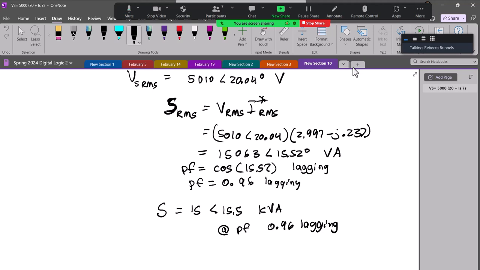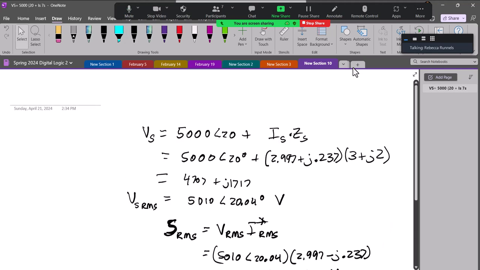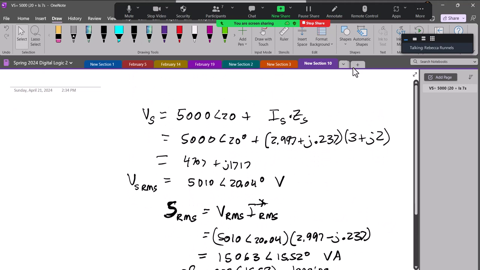Sure. For the complex power, doesn't it have to follow the passive sign convention? What do you mean by that? Like the IS is going right now from the negative to the positive. Was it labeled in the original problem?